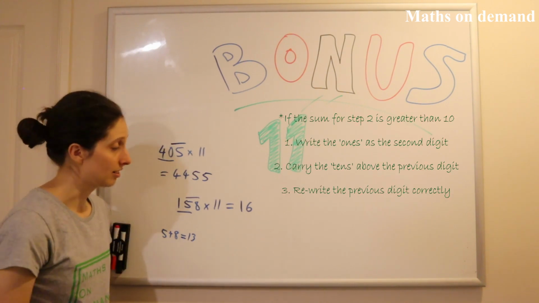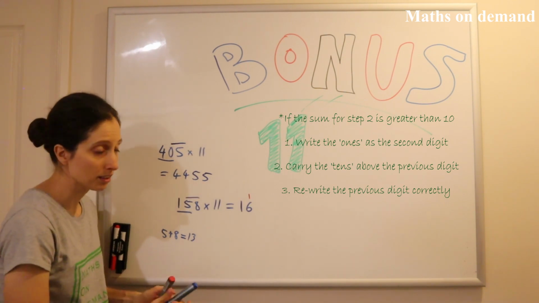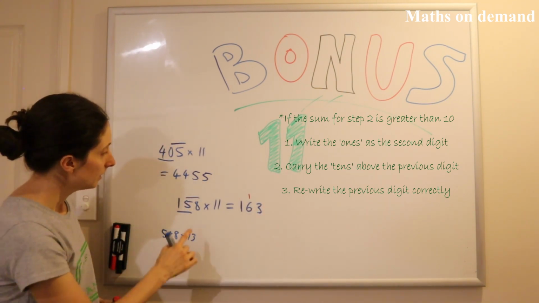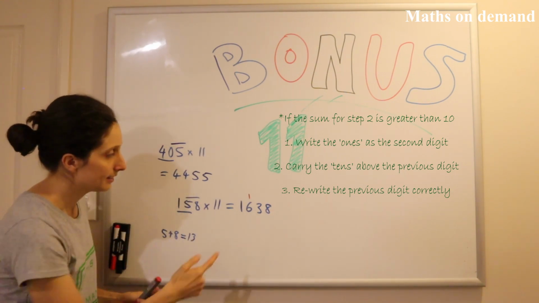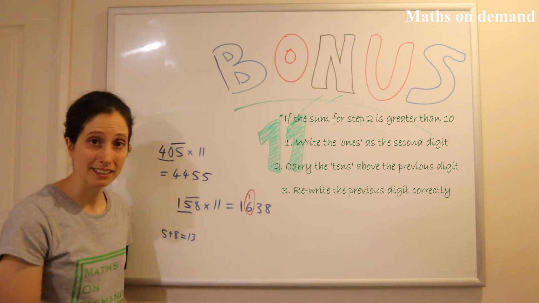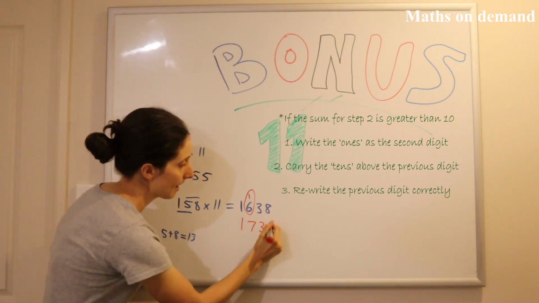So we need to carry the 1. Write the 1 above the 6 this time because we're up to the third digit. And then we write the last digit, which is 8. So this is not our final answer because remember we need to do something with this 1 here. We need to add it to the 6. So our answer will be 1738.